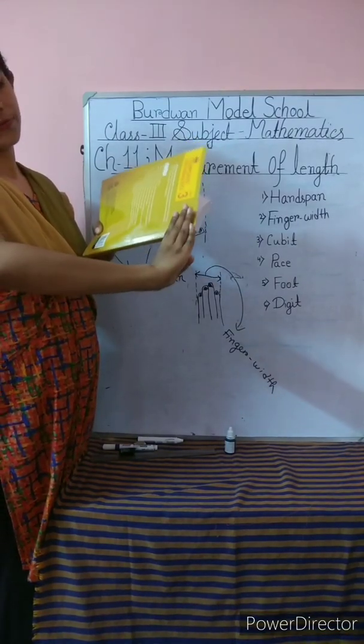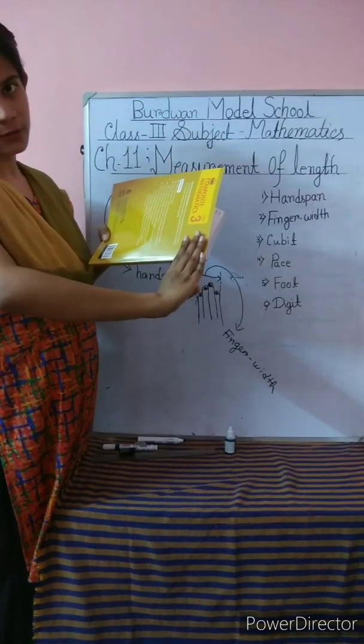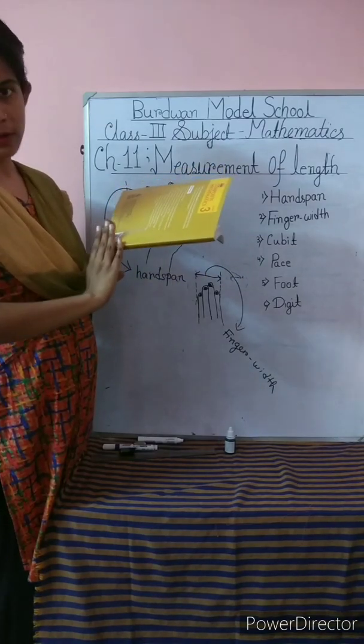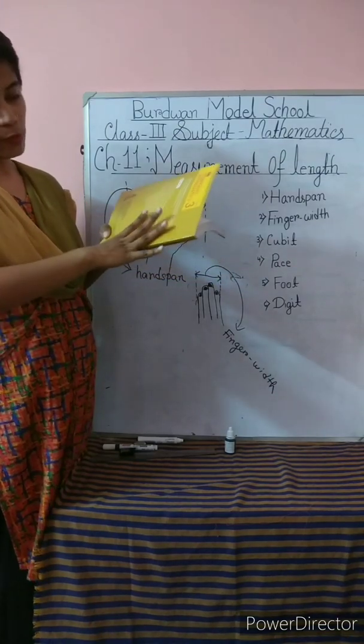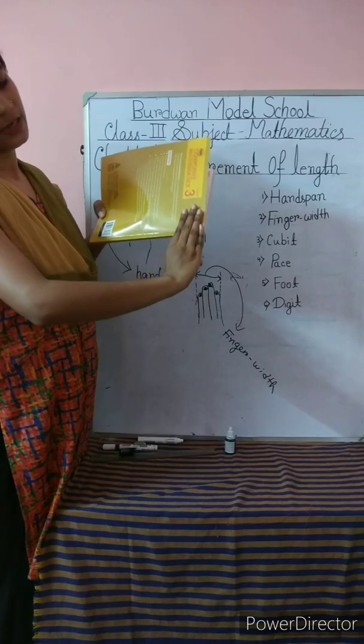If you measure by handspan, my handspan, see that much, one handspan, and then after that you can say one handspan and one finger width. That means what is the length of this book according to my handspan and finger width? One handspan and one finger width. See, it's completed.